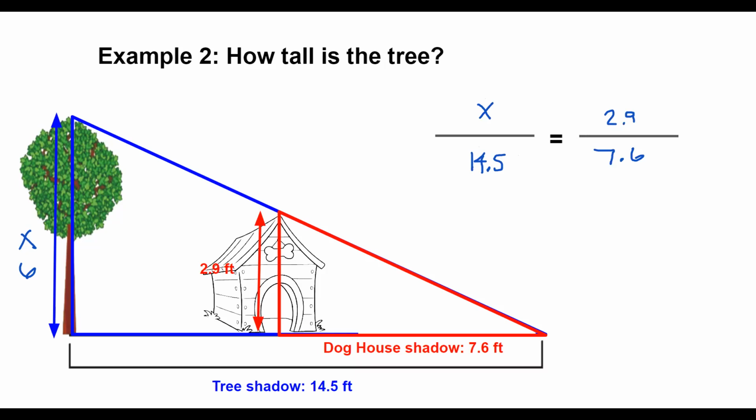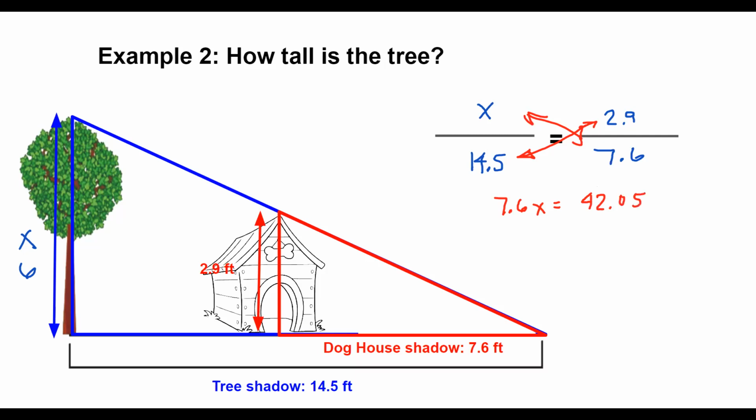We cross multiply. I'm going to multiply the x and the 7.6, and we get 7.6x is equal to 2.9 times 14.5. And let's do that in the calculator right away. I get 42.05.